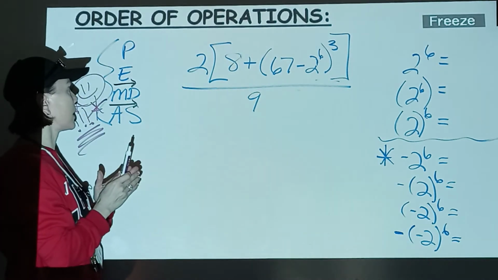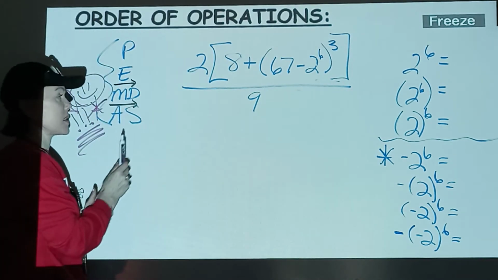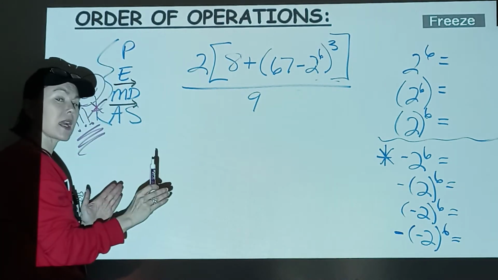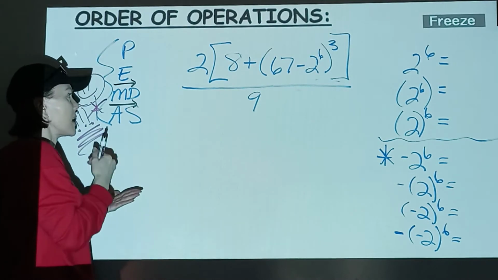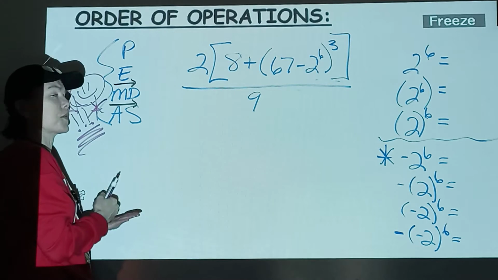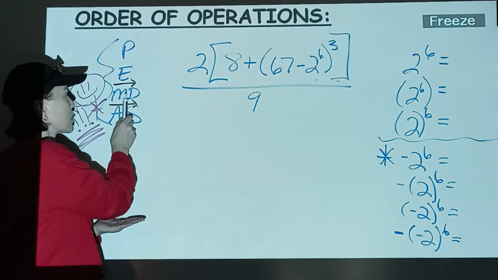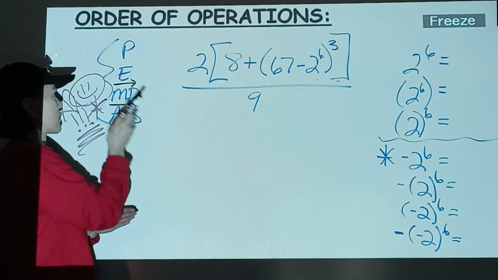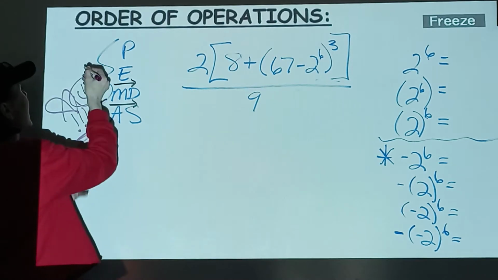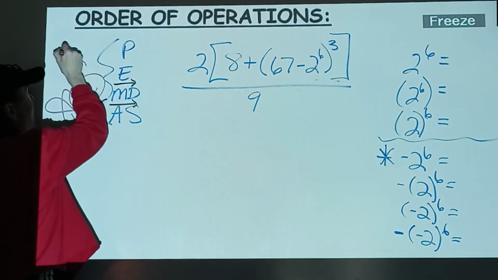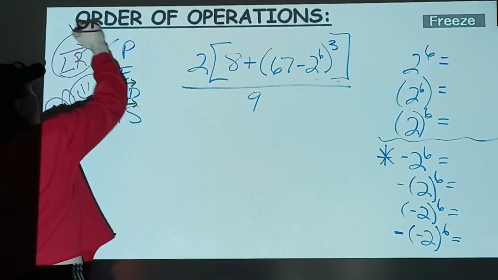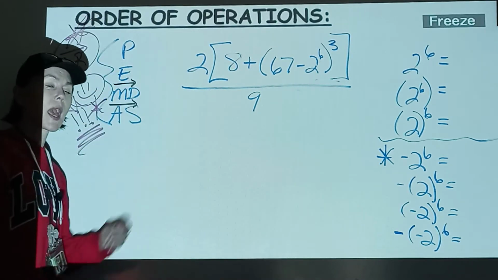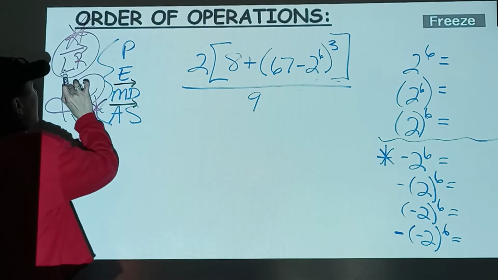So when you get to the multiply and divide section, you have to look at what you have and make sure that you do whatever comes first, multiply or divide, from left to right. So go ahead and write LR with the arrow above it and circle it and put another star. Do it now.